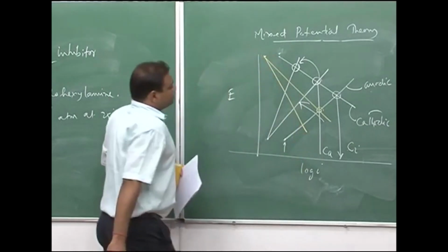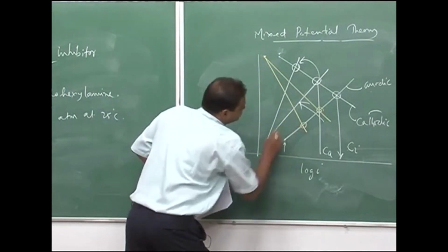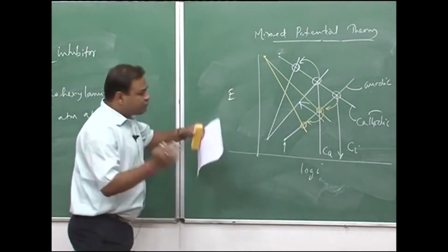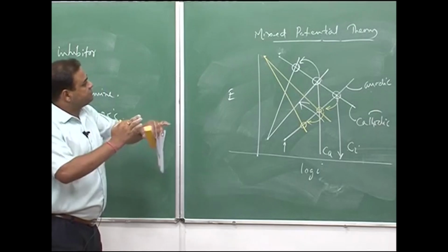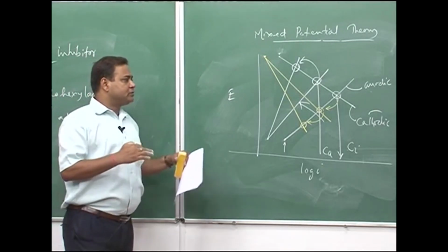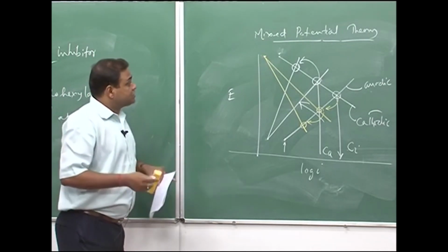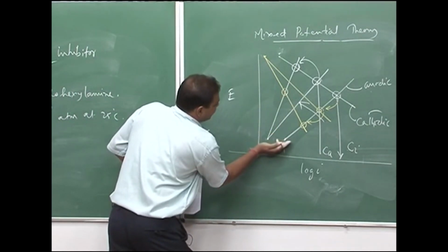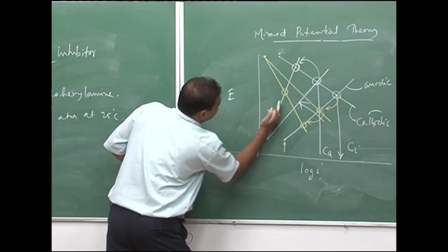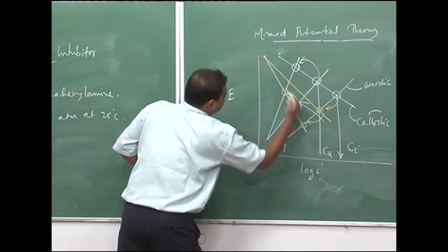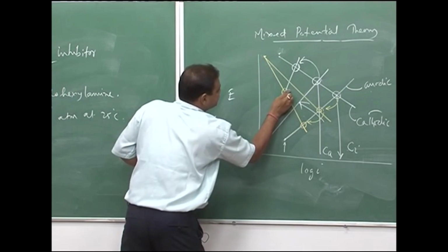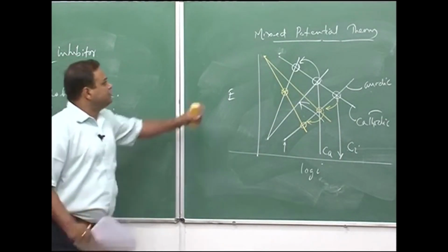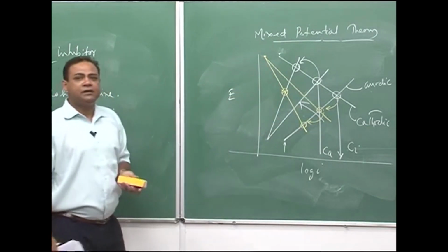So this is my new corrosion rate, and the corrosion rate is decreasing. Now, if we combine both processes, with anodic and cathodic inhibitors both present, the new corrosion rate would be this one. Due to the anodic inhibitor this has moved to this, and due to the cathodic inhibitor this has moved to this. So this is my new corrosion rate, which is the synergistic action of both anodic and cathodic inhibitors.